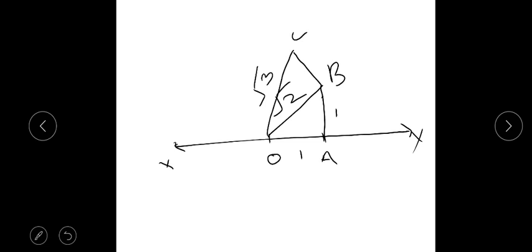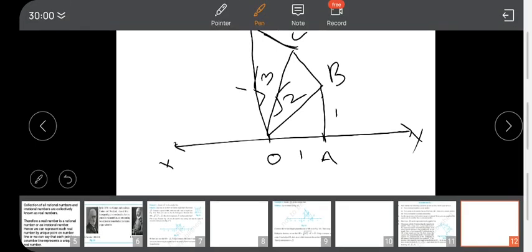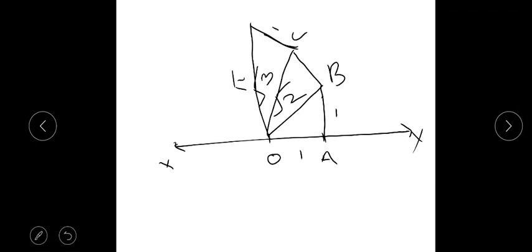Again draw a line of 1 unit, join this point, this would be root 4. And again draw a length of 1 unit, join this, and this would be of length root 5.